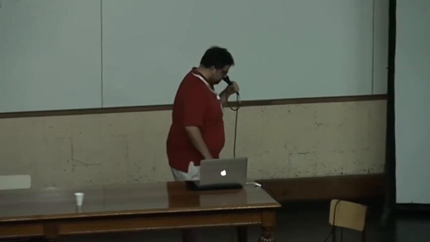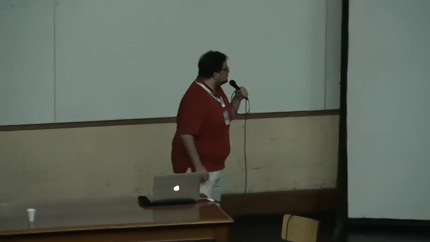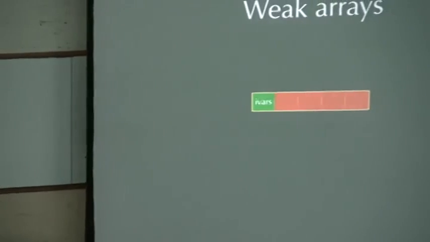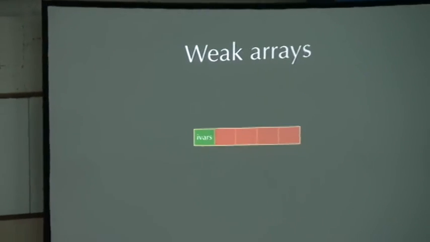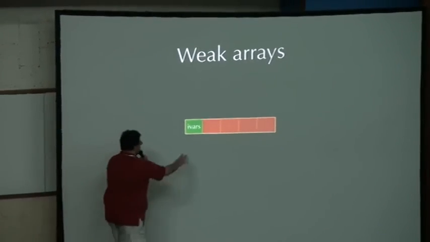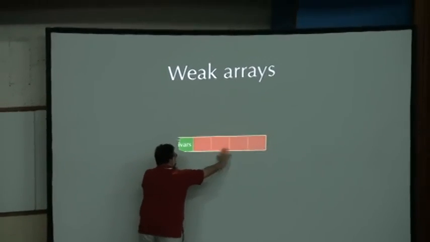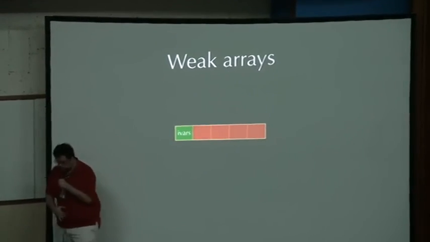Linked weak reference arrays. As you all know, right? Weak arrays usually have these strong instance variables here in green, and then they have these weak red slots.